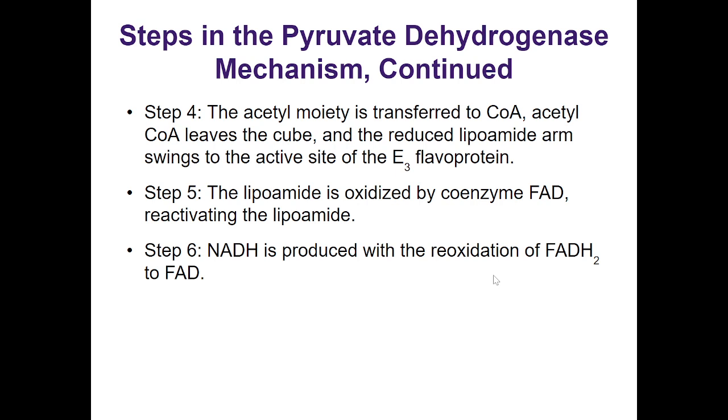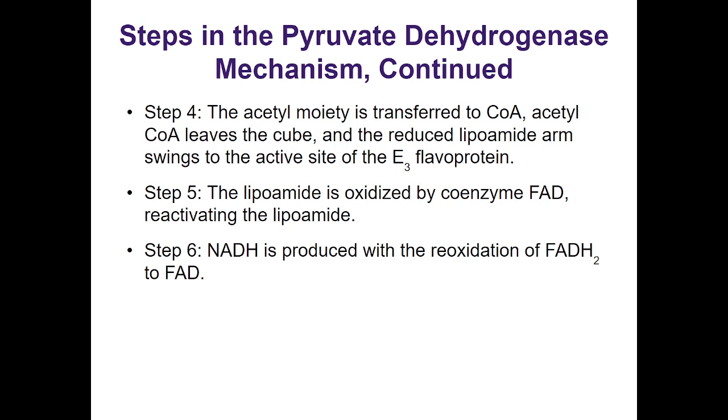Step 4, the acetyl moiety is going to be transferred to your CoA. It is kind of funny calling this an acetyl moiety because it's such a small group, but yeah, it is. The acetyl-CoA will leave the cube, and the reduced lipoamide arm is then going to swing to the active site of your E3 flavoprotein.